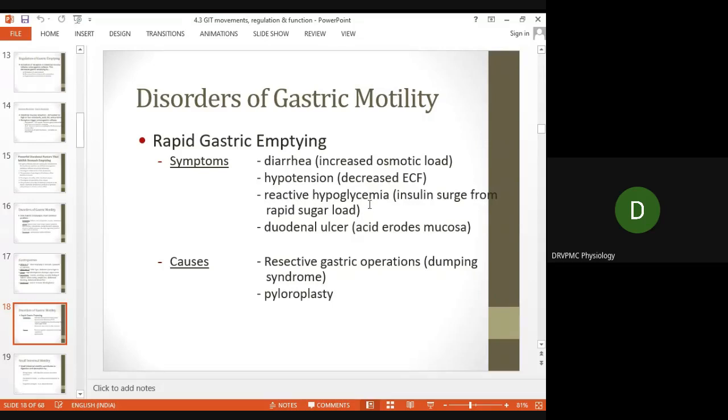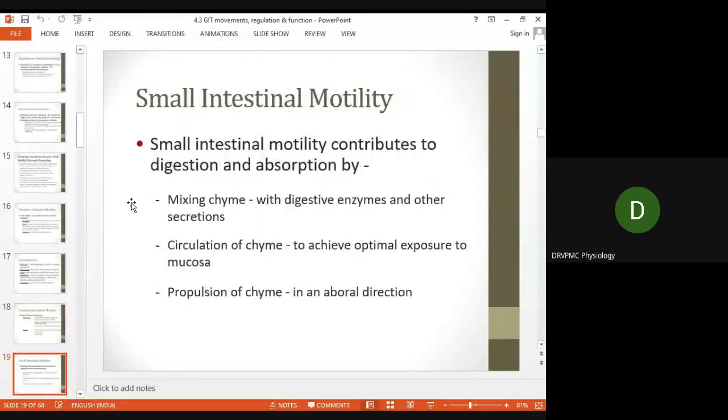Once food comes fast into the duodenum, the blood sugar level will not be properly regulated because of the insulin surge, and there will be reactive hypoglycemia, a lower blood sugar level in response to rapid gastric emptying. Then duodenal ulcer: acid erodes the duodenal mucosa, so rapid gastric emptying can lead to duodenal ulcers.